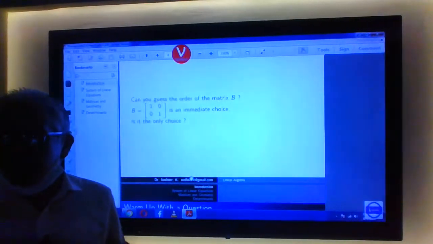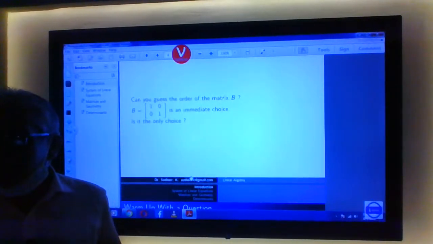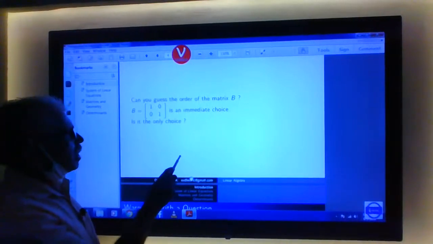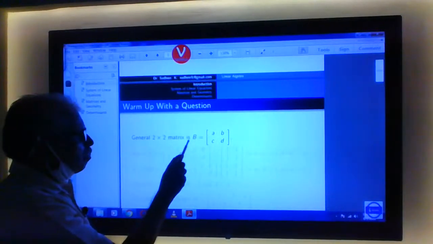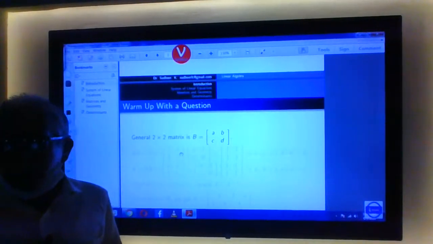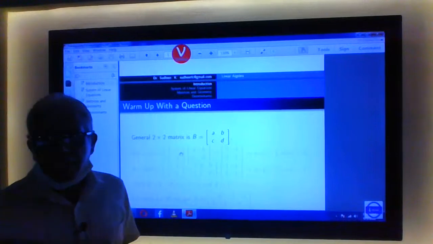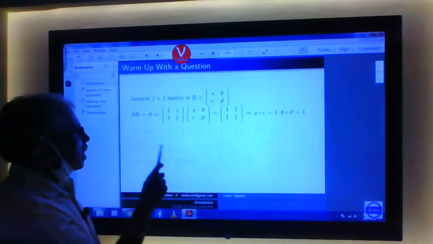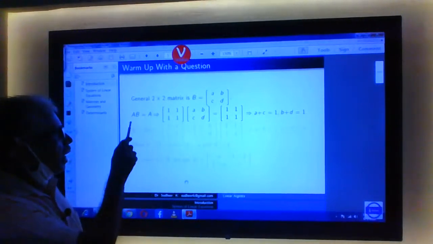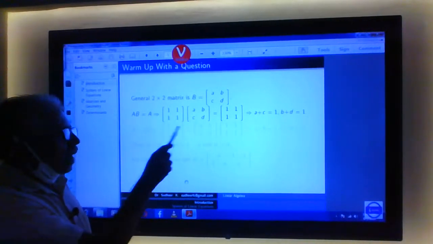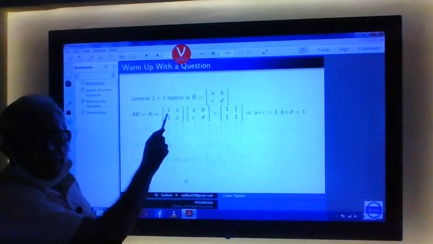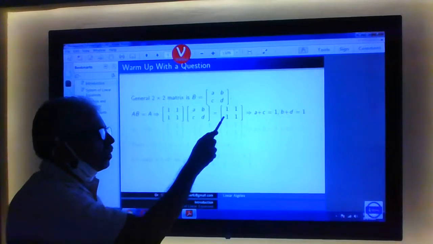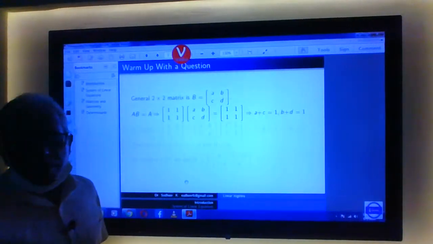You will just look into some of the theory of linear equations. We will assume B to be a 2 by 2 matrix, with different entries a, b, c, d. And if you try to write the equation AB equal to A, that will imply the matrix 1 1 1 1 times the matrix a b c d equal to the matrix 1 1 1 1.